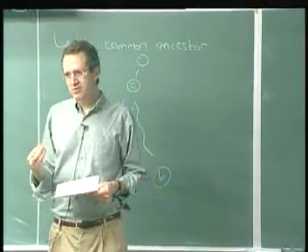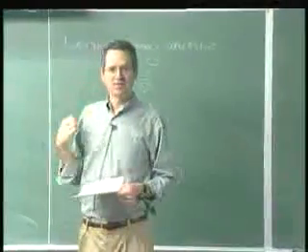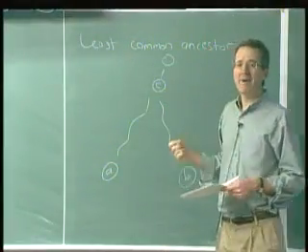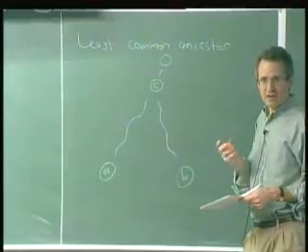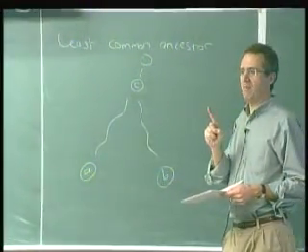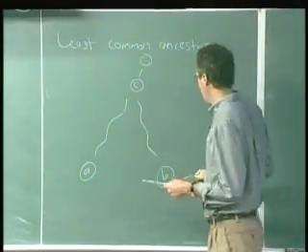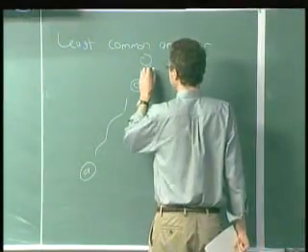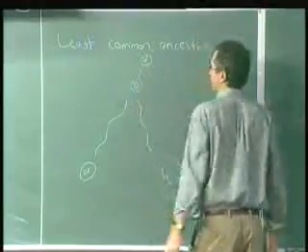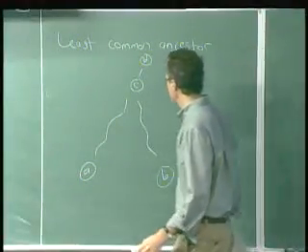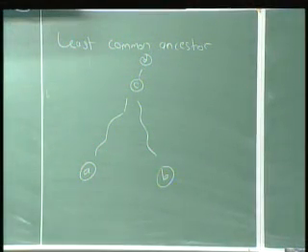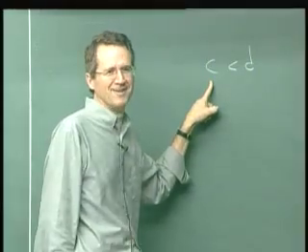Now, in a post-ordered tree, there's a very easy way of finding this without having to traverse both paths. We only have to traverse one of them. And here's why. In a post-ordered tree, think of this node D. D is going to be bigger than C. Now here's where dyslexia hurts you.